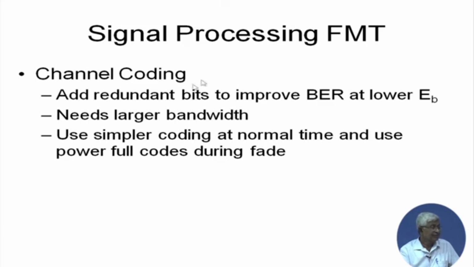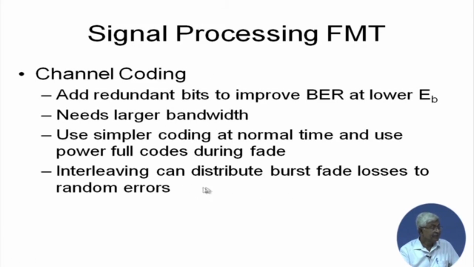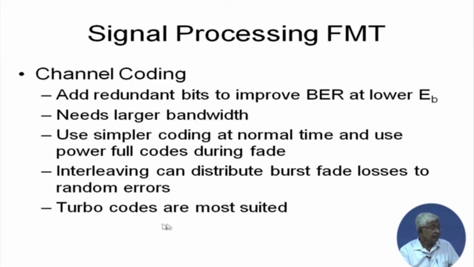That is the way of channel coding. Interleaving can be used to distribute the burst fade due to loss. Say a short fade is there. Normally these error control techniques cannot take care of burst errors, they can take care of random errors. So to distribute the burst error into random error, you can use the technique called interleaving, and turbo codes are most suited. People use LDPC coding also.